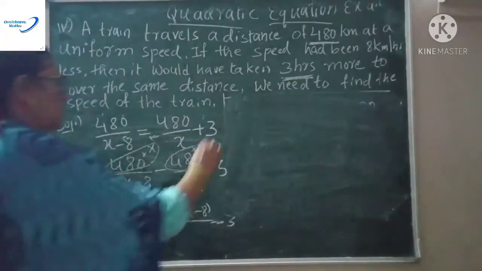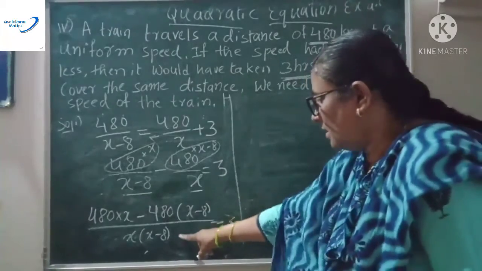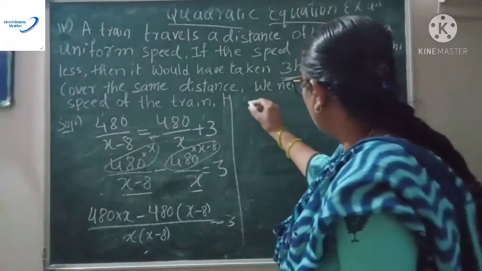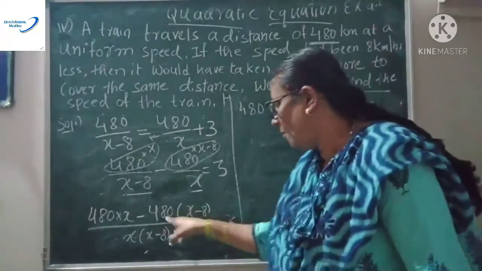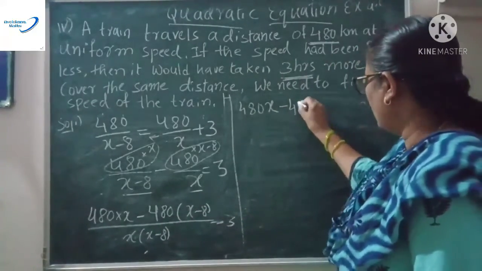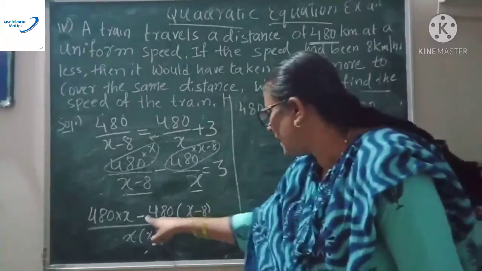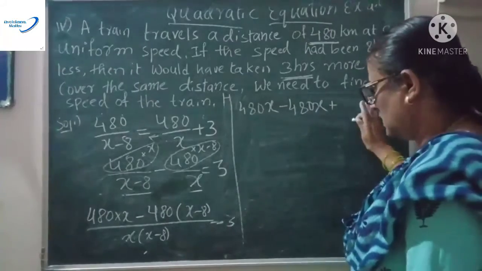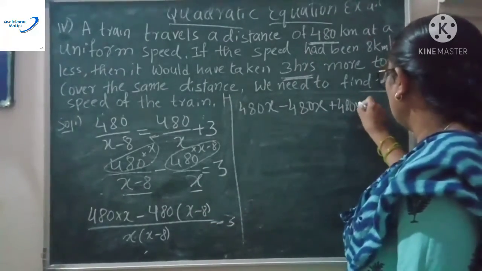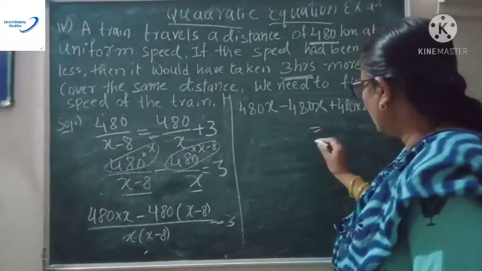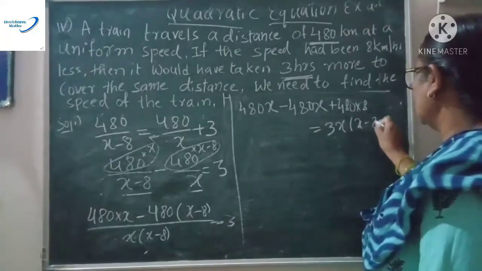Okay, now listen. Continue the same thing. I transfer this to the right hand side. So on our left hand side we have 480x minus 480 into x minus 8, which becomes 480x minus 480x plus 480 into 8, is equal to 3 into x into x minus 8.